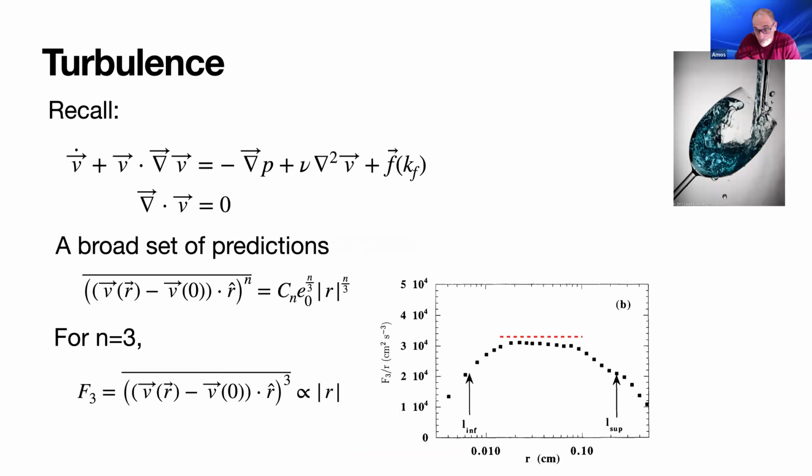Here is a rather old example of what happens for n equals 3. You get a result that looks like this. Now, not very recently, but not too long ago, it was understood that there are some deviations from this power law behavior.